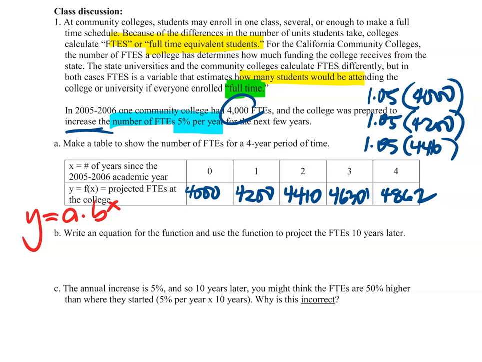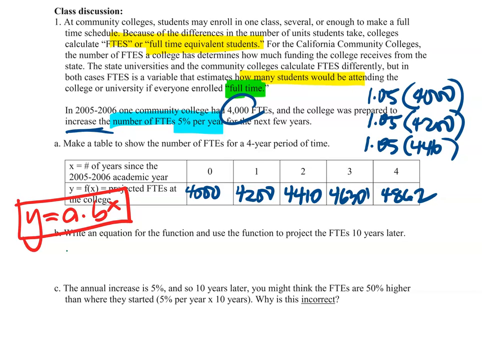To recall, our general form of an exponential equation is y equals a times b raised to x, where a is the initial value and b is the growth or decay factor. We talked about that last activity.